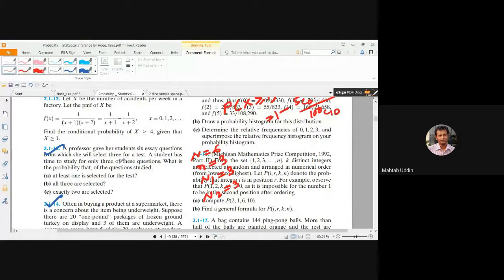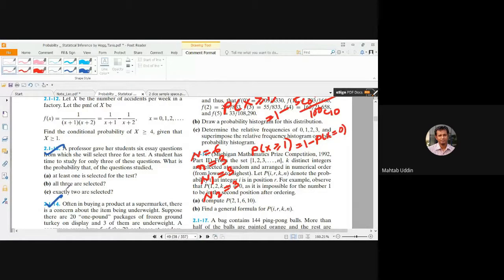Okay. What is the probability that at least one of the questions studied is selected for the test? মানে পরীক্ষায় তার পড়া থেকে অন্তত একটা আসছে। এটা অনেক ঝামেলা না? তাহলে আমরা এখানে কি করে দেব? এটা তোমার কাজ। All 3 selected.